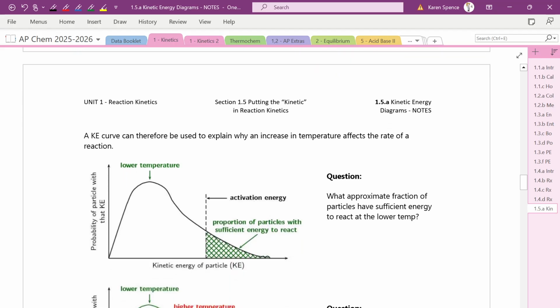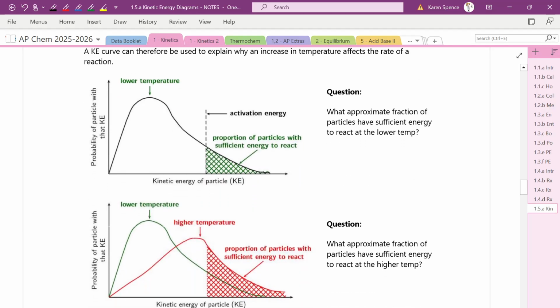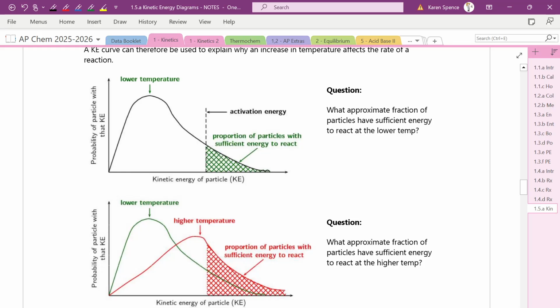So this now just goes into a little bit more depth, just showing you how at the higher temperature, the proportion of particles with sufficient energy to react is greater. And we could play games where we figure out the percentage.